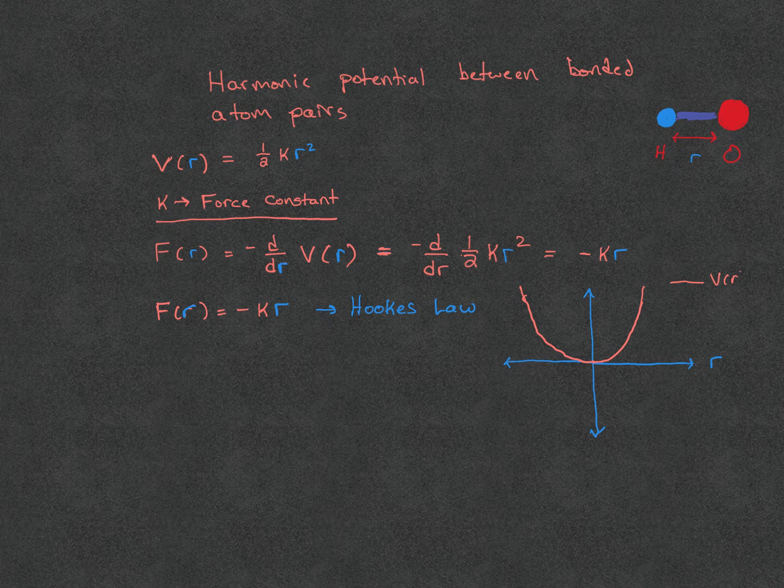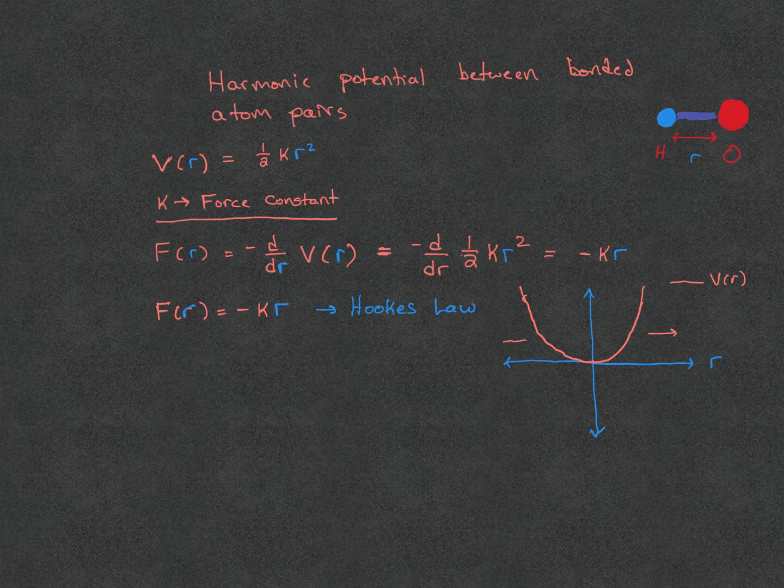All right. So this is V of R. You can see it's a parabola. What this tells you is if I pull my atoms farther apart relative to the equilibrium, the potential energy goes up.